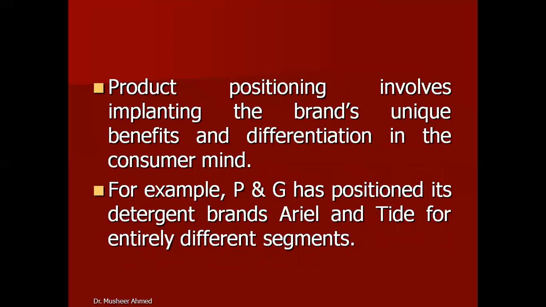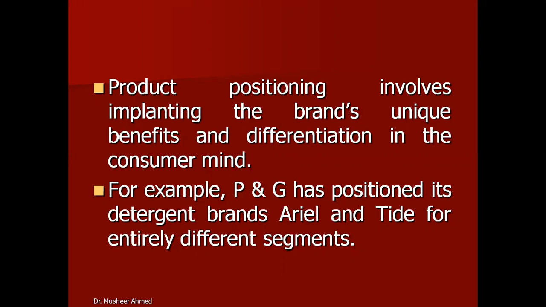Now, moving further, product positioning involves implanting the brand's unique benefits and differentiation in the consumer's mind, right? You create brand differentiation, and with that differentiation, you hit the consumer's mind and create a particular position of your product in the minds of the consumer.